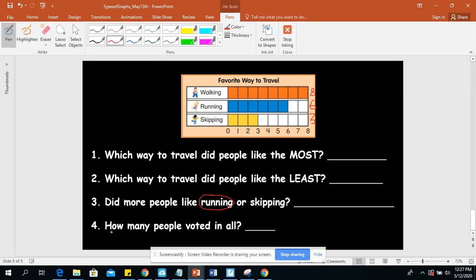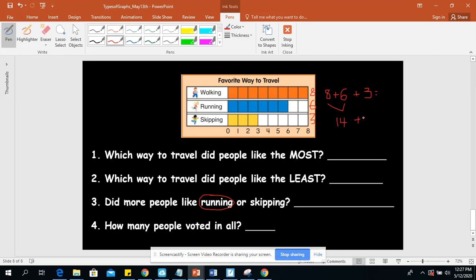And number 4, how many people voted in all? So how many people in all told us their favorite way to travel? To find the answer, we can add up the number of people who chose walking, running, and skipping. So 8 people chose walking, plus 6 people chose running, plus 3 people chose skipping. 8 plus 6 is 14.